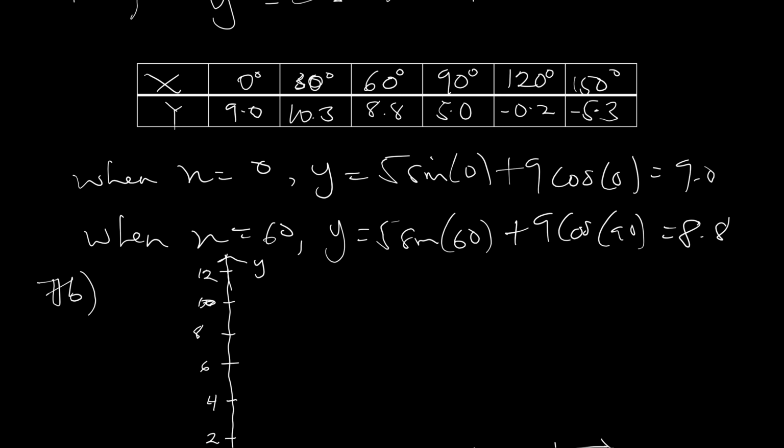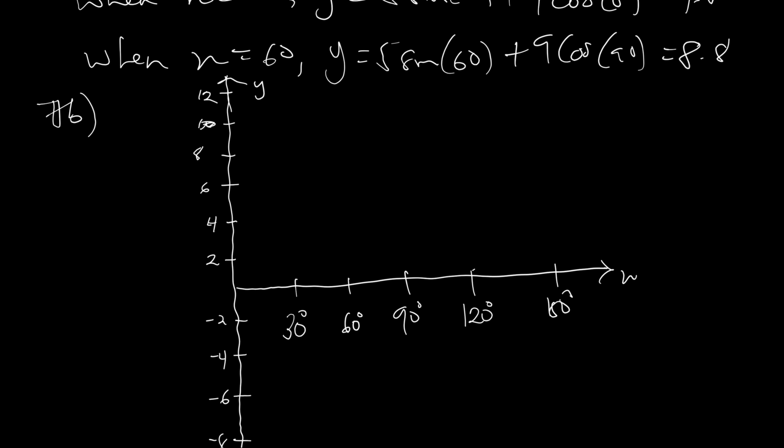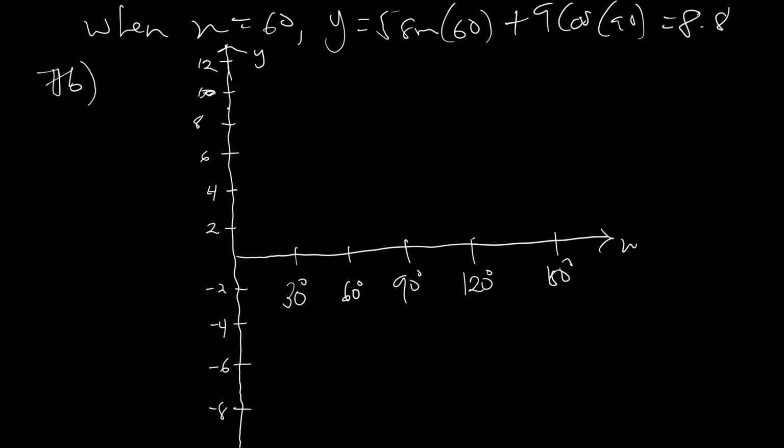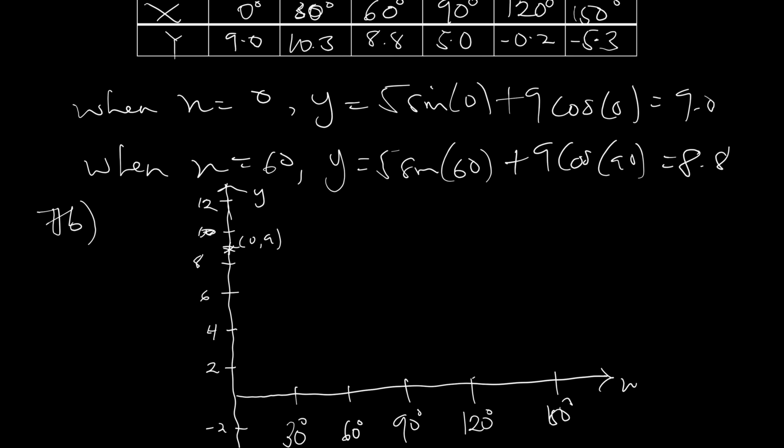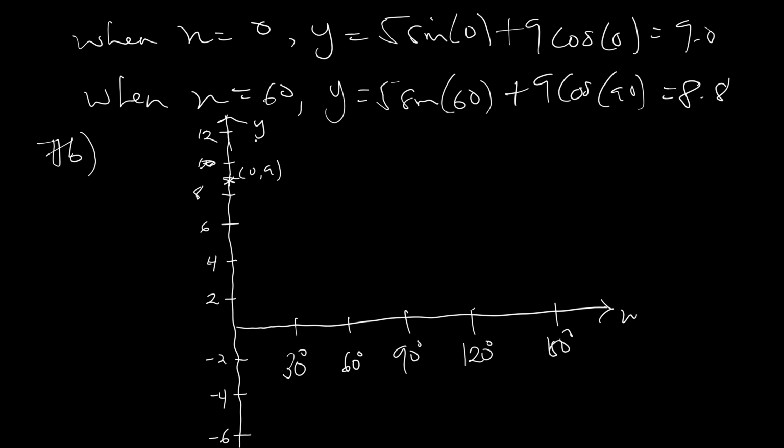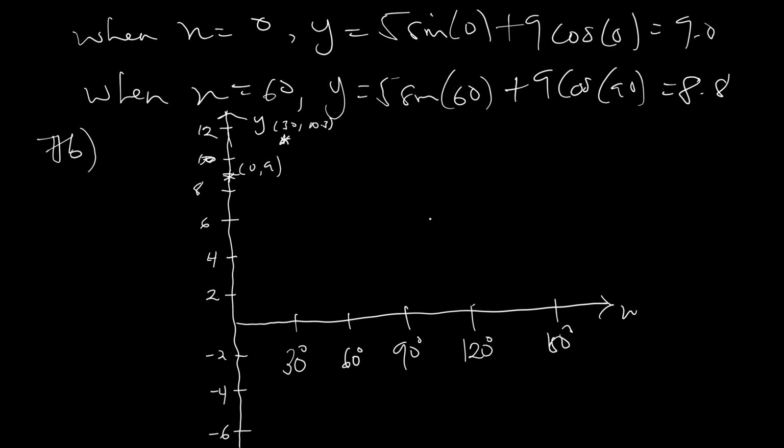So we know that when x is 0, y is 9. So 0, 9 will be here. When x is 30, y is 10.3, so this will be here. When x is 60, y is 8.8, so 8.8 will be here.